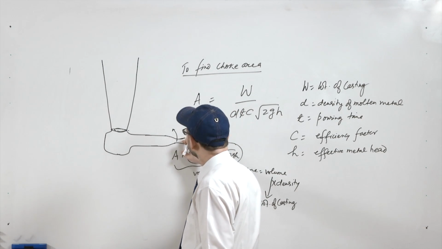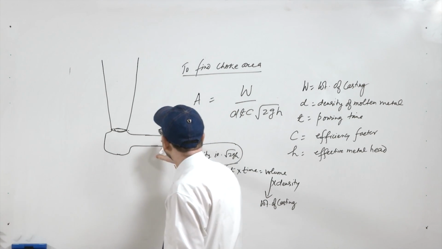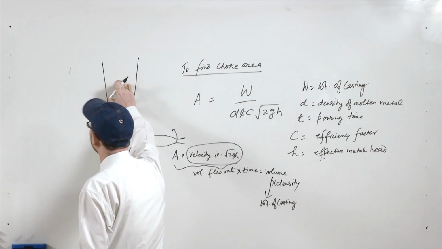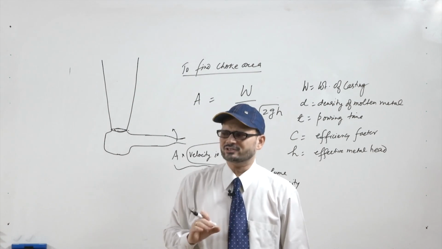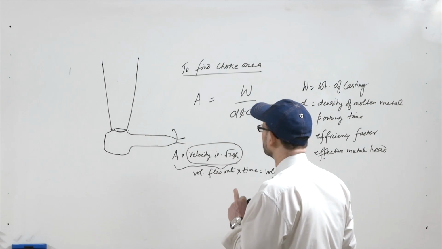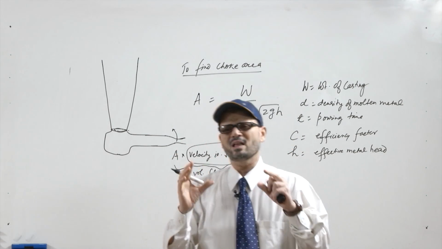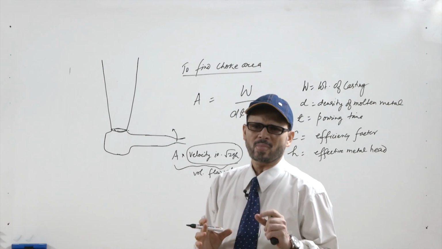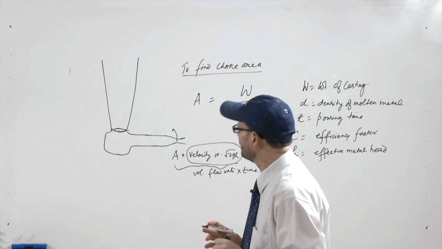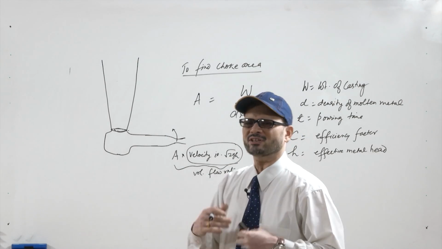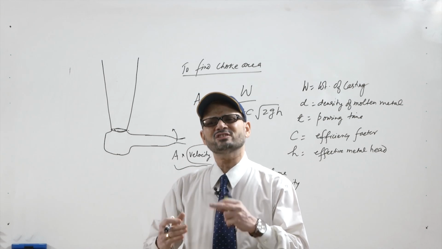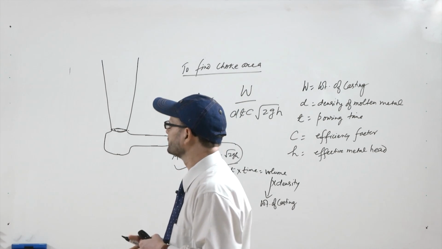Because of this the whole system is running full and back pressure is maintained. On the basis of that you have two types of gating systems: one is the pressurized gating system, another is the non pressurized gating system.